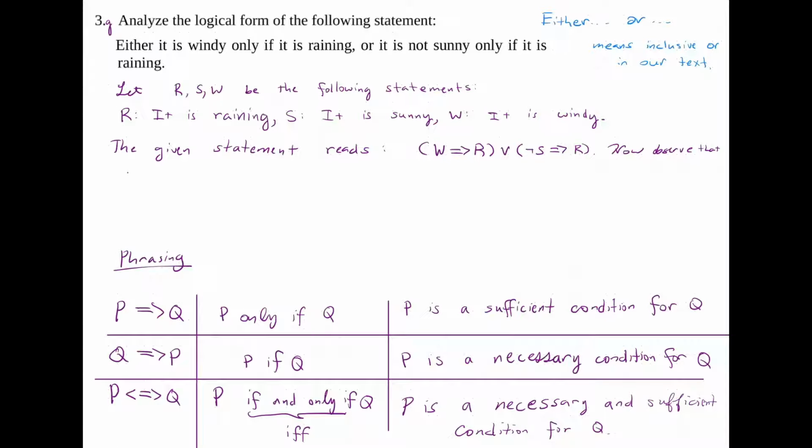So we have W implies R, or not S implies R. This is logically equivalent by the conditional laws to not W or R, or S or R. And so here we have used the conditional laws.